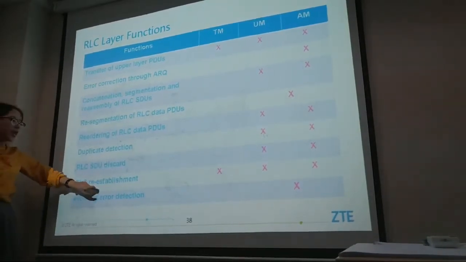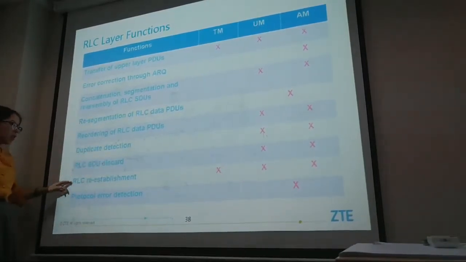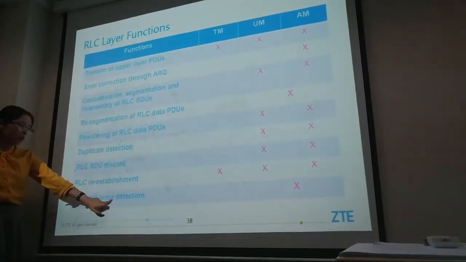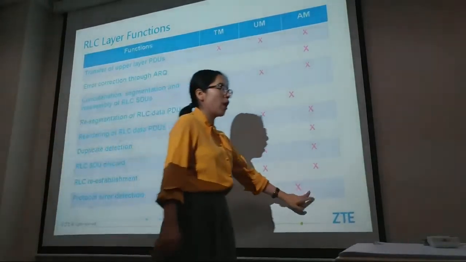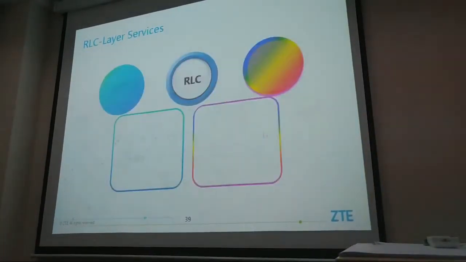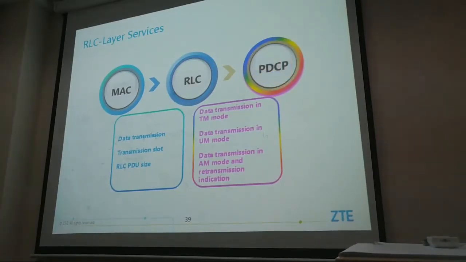And this is re-establishment. All of TM, UM, AM should detect the RRC, that this link is normal. And for protocol error detection, it's only for AM. So for the RLC layer, some functions need some information from the MAC layer, and it will also transmit some to the PDCP.